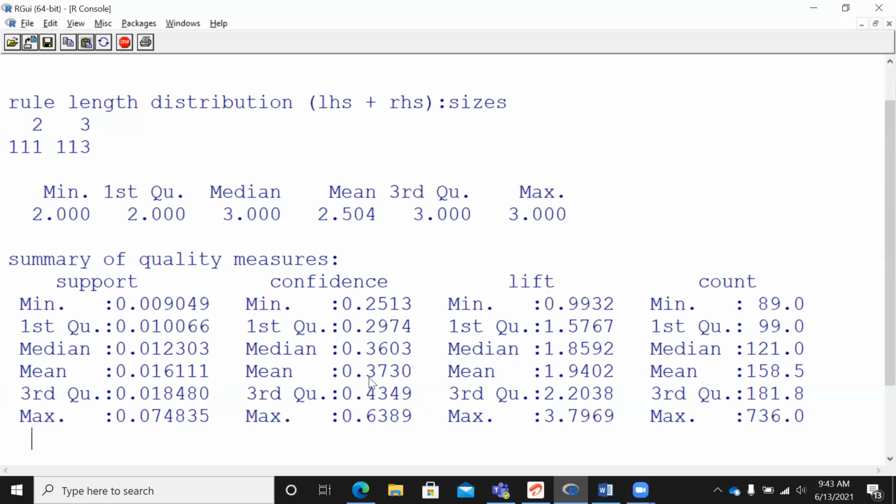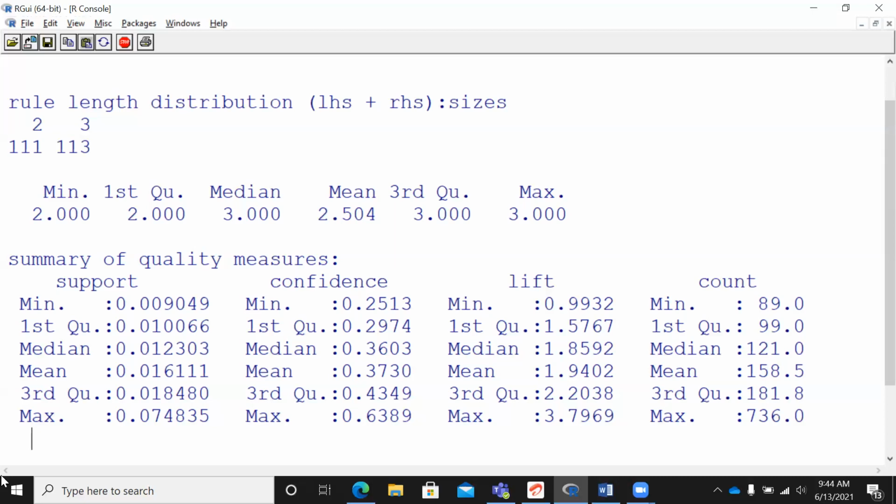If the lift value is bigger than 1, it means that products A and B are positively correlated, which means if more and more people buy apple, there is a tendency for them to also buy orange. That is a simple way of interpreting lift. A lift value of smaller than 1 indicates that products A and B are negatively correlated. They do not go well together.